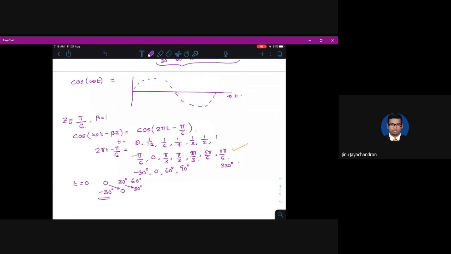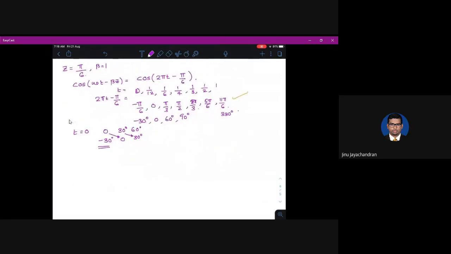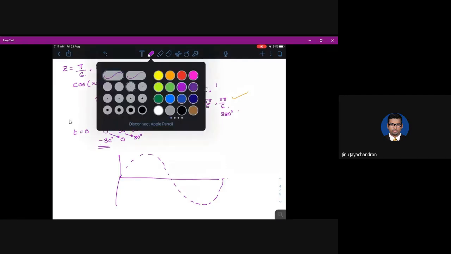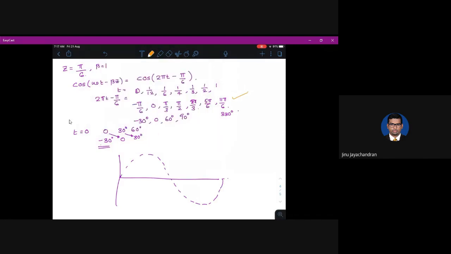So when you draw the waveform, the first waveform without z, or z equal to 0, is like this. Now the second waveform at t equal to 0 starts at minus 30 degree. So at t equal to 0, the first waveform starts at 0.